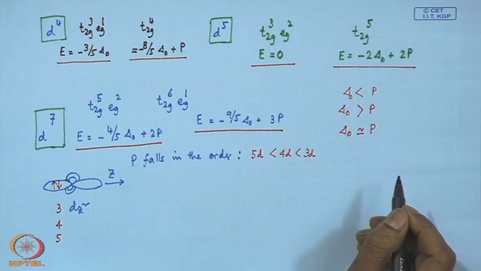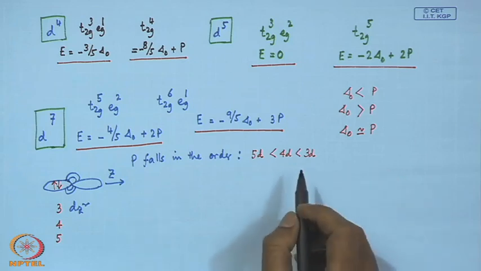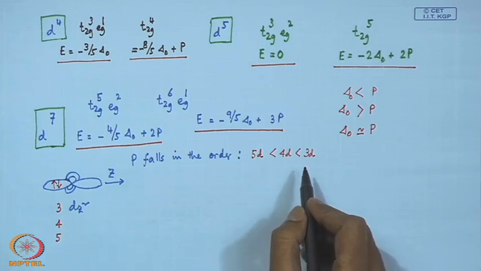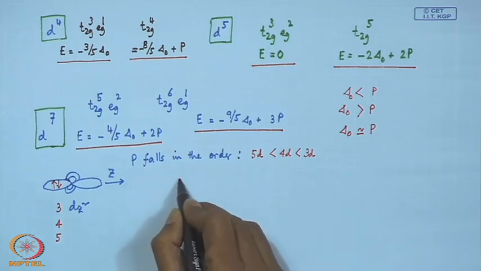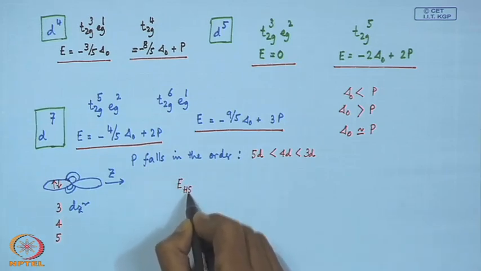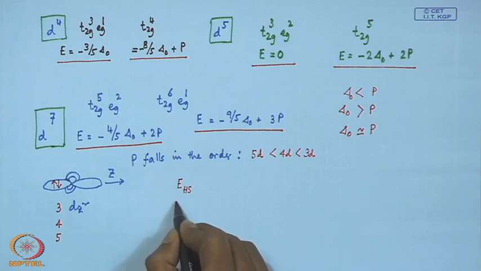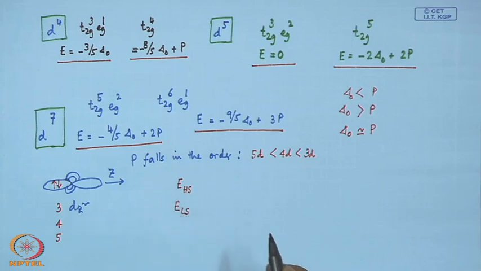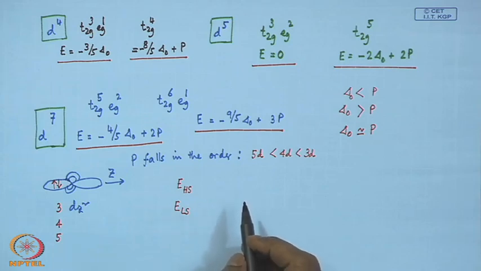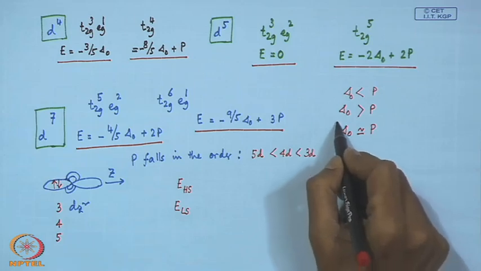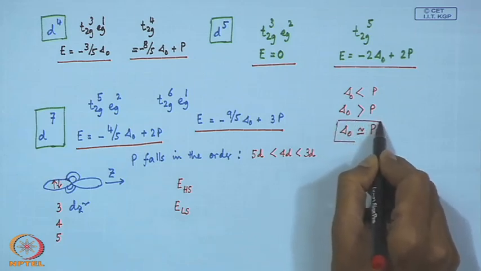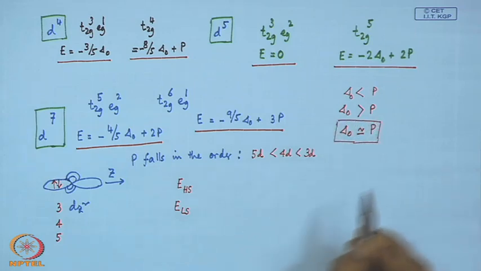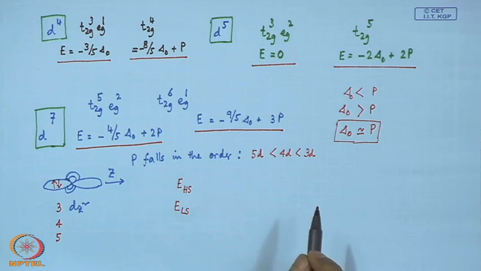So, if we just simply compare these values, such that if we have the corresponding energy for the high spin and the corresponding energy for the low spin situation, we just compare. When we have two different types of energies, there will be a situation where we have a value like this, which is the critical crystal field.